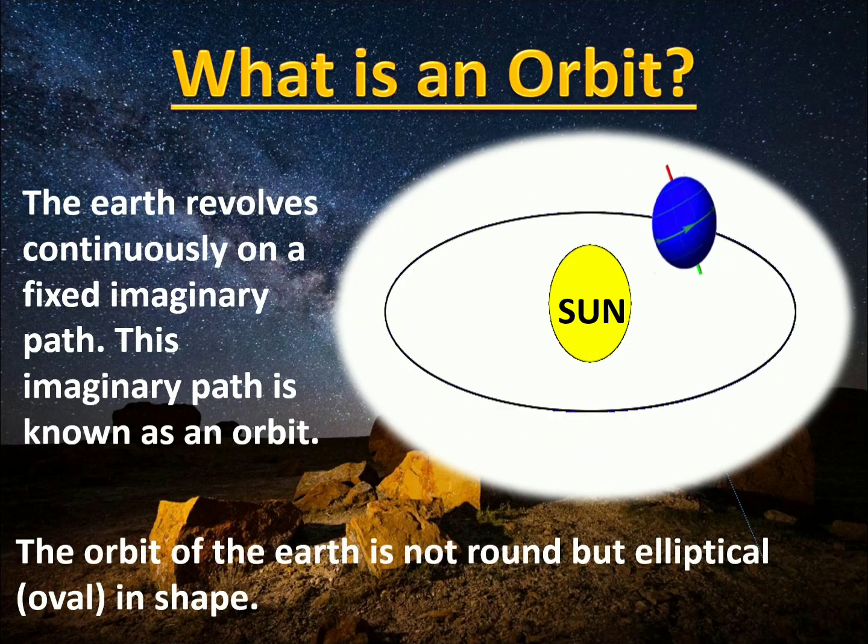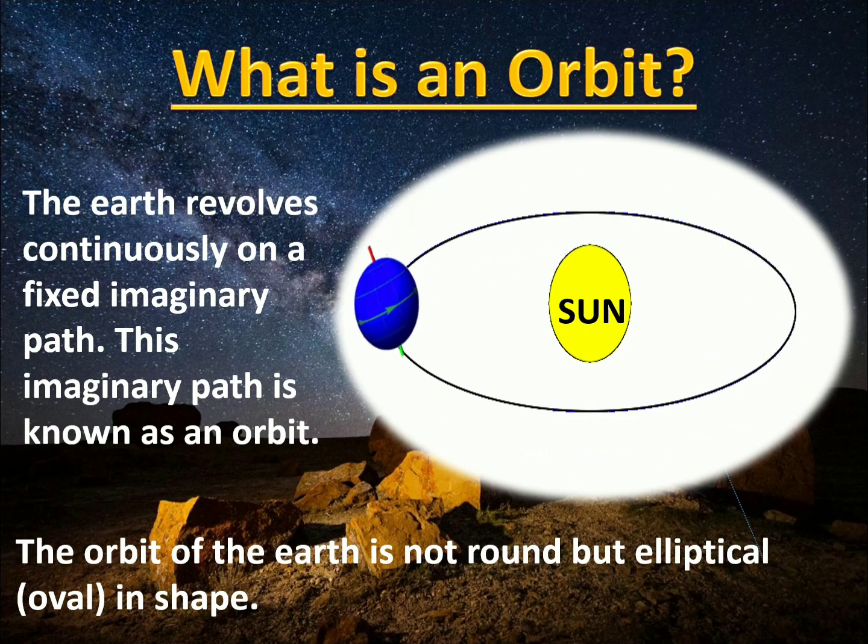What is an orbit? Previously, you saw that the earth rotates on its axis, right? Similarly, the earth revolves on a fixed imaginary path.